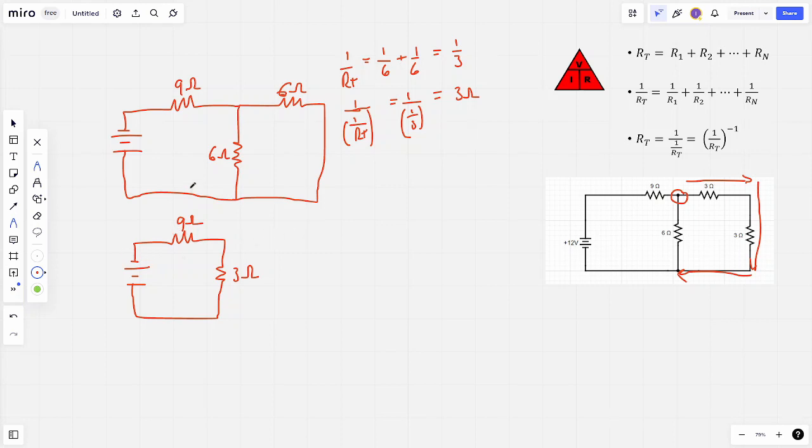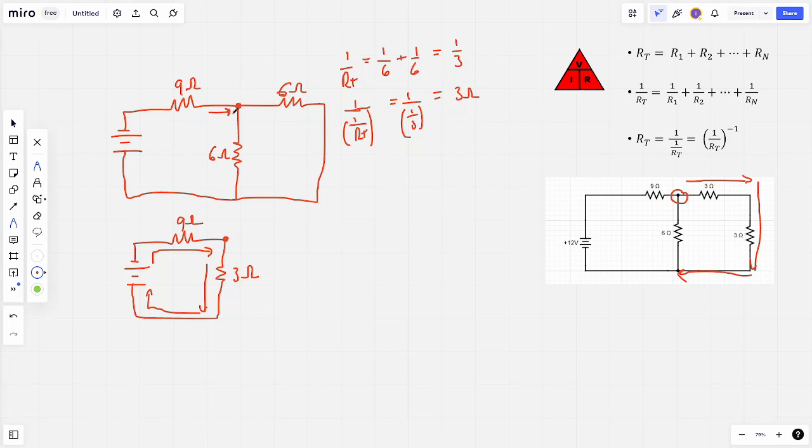Now, as the current flows, again assuming clockwise, there's no node with a breakpoint. It's just going to be one loop. So we can say the 9 ohms and the 3 ohms are in series.